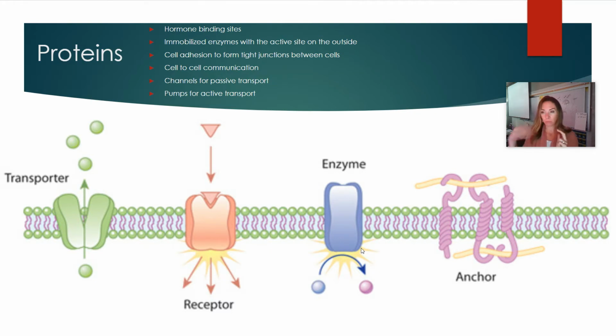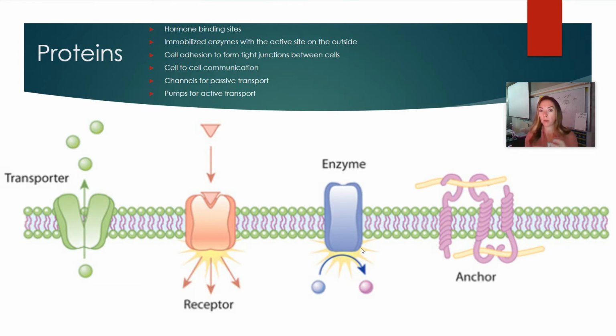Some enzymes move around in our blood, whether in ducts or things like that in our body, and some of them stay there. The active site where the substrate attaches is on the outside, and that will create some kind of signal for the cell, or some type of reaction. Enzymes are specialized proteins. We'll have a whole separate section on enzymes, and you should get excited about that. But for now, just know that they are part of the cell membrane.